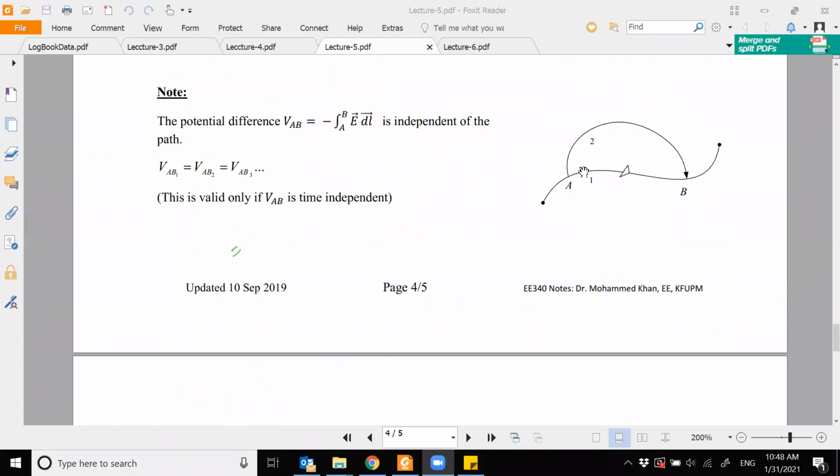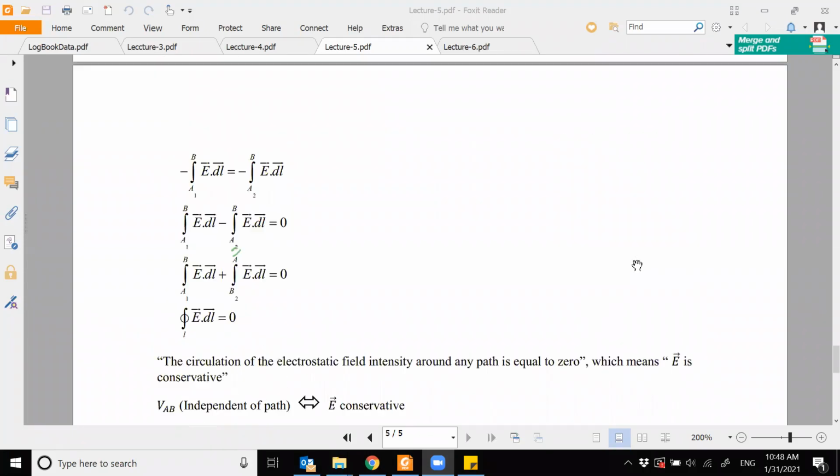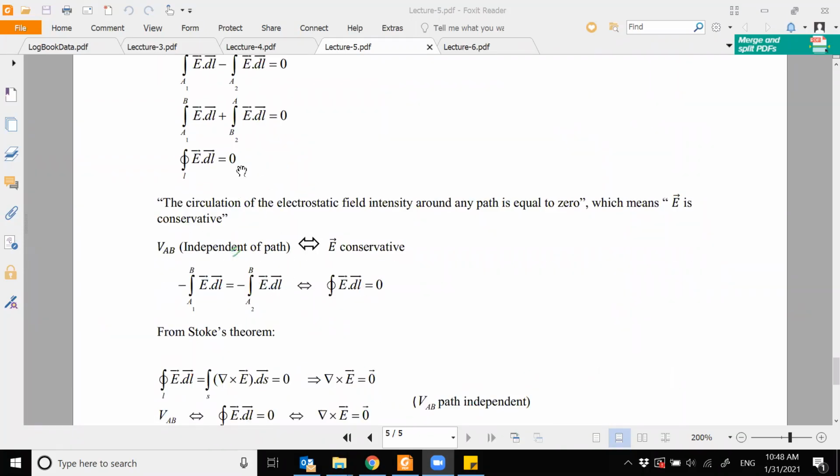First, it is independent of the path, whether you go from path 1, path 2, or path 3, and this is becoming 0, and therefore it is conservative. So these are the two very, very important properties of your electrostatic field. That is, the electrostatic field is conservative because the potential, if you go from point A to point B, becomes independent of the path. This field is conservative.